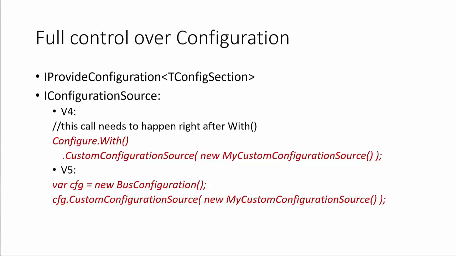And then NServiceBus will call us asking for each section and telling us, okay, now I need the UnicastBus configuration section, or the encryption section, or the audit section, and so on. And we can choose where to load each setting from, depending on our configuration and our settings repository.